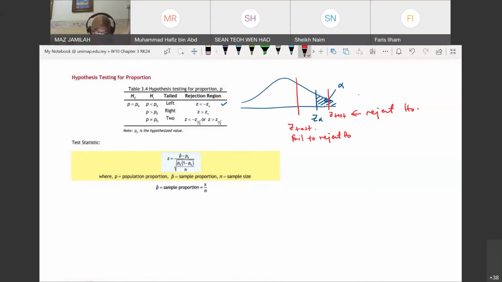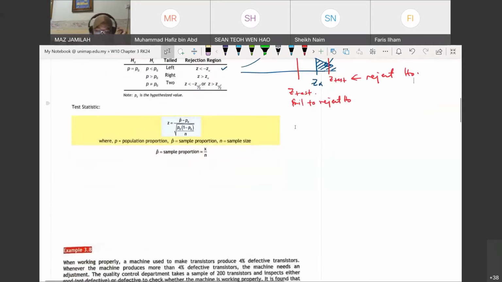So now, the difference between the population mean and population proportion is the test statistic, because the test statistic is based on the proportion. How can we calculate the test statistic for the population proportion? We have the sample proportion minus the hypothesized population value, divided by the standard error computed from the hypothesized population value in the denominator.